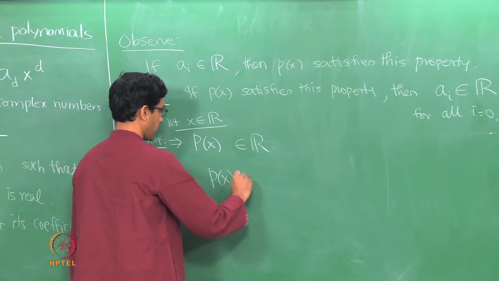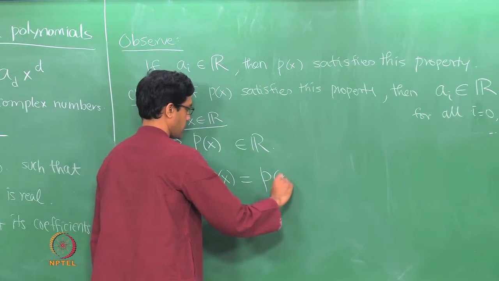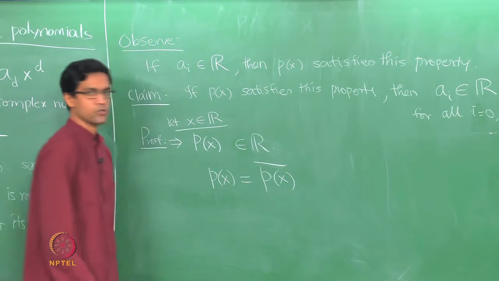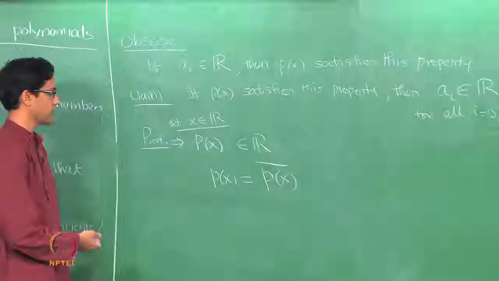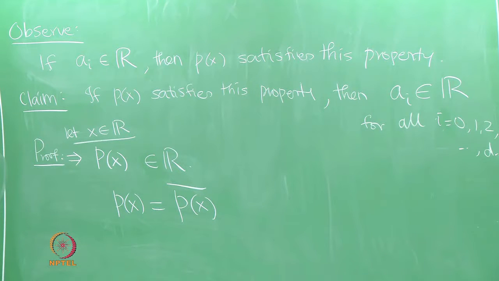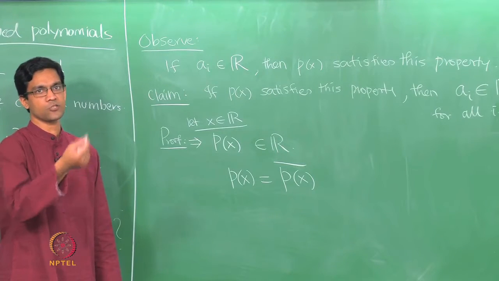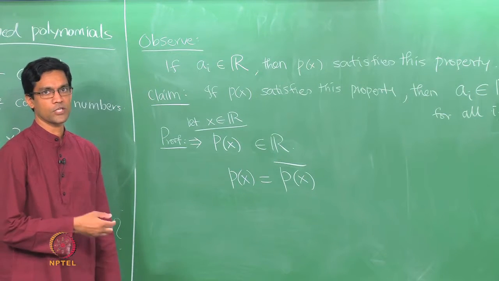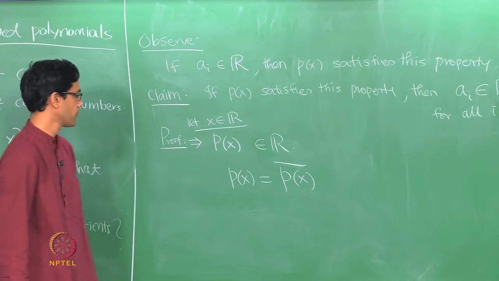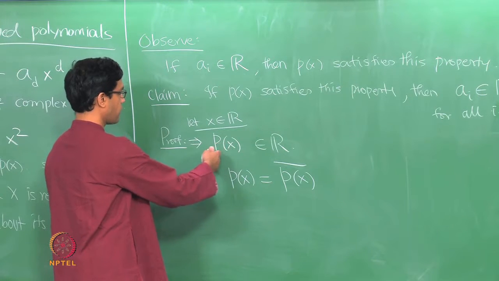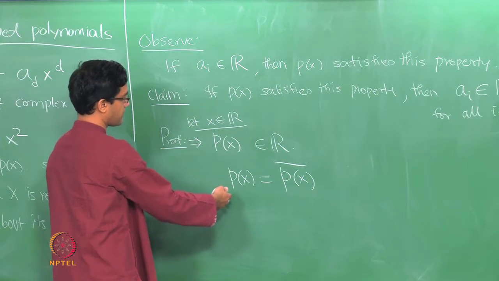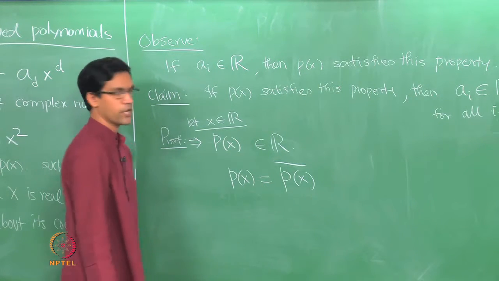Now we need to recall a little bit about complex numbers. Remember we have a notion of complex conjugation in the set of complex numbers. It maps i in some sense to minus i. So the conjugate of 1 plus i would be 1 minus i. So here is the property: if p of x is a real number, then that implies that p of x is the same as its conjugate.